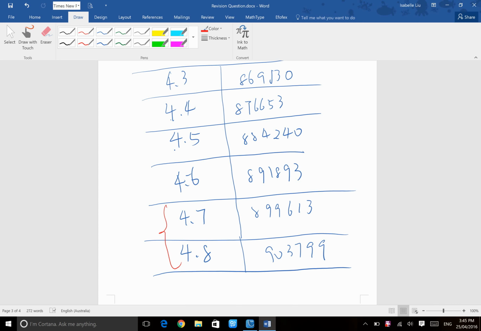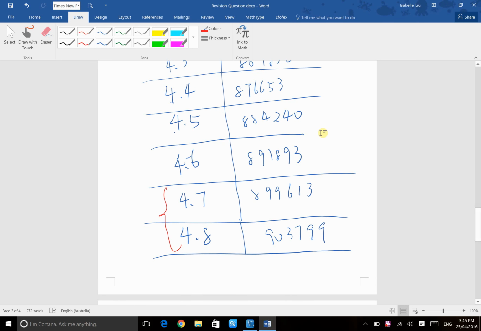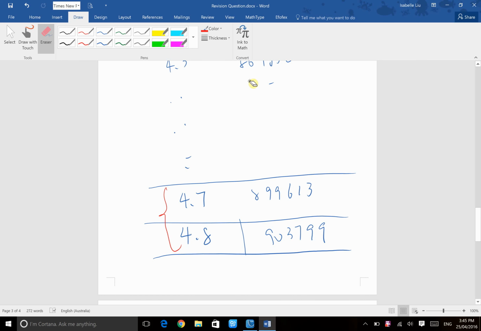So the answer must be in between them. Which means I can just leave those 2 values. But which one should I choose?